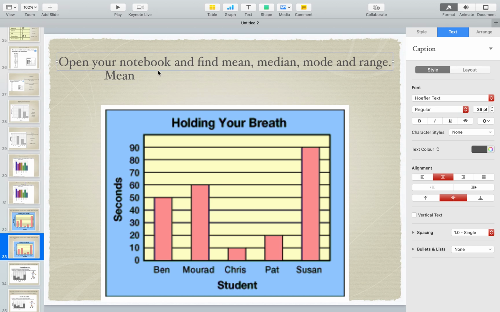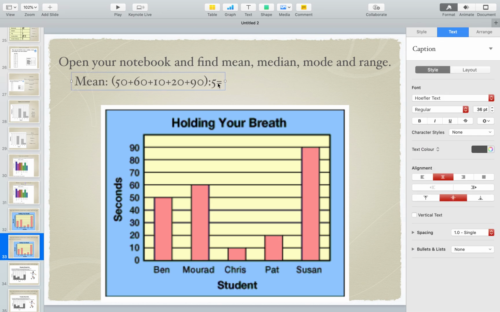Mean. Okay. So what we do is this. We add 50 plus 60 plus 10 plus 20 plus 90. And then we put that into brackets and then divide it by 5.